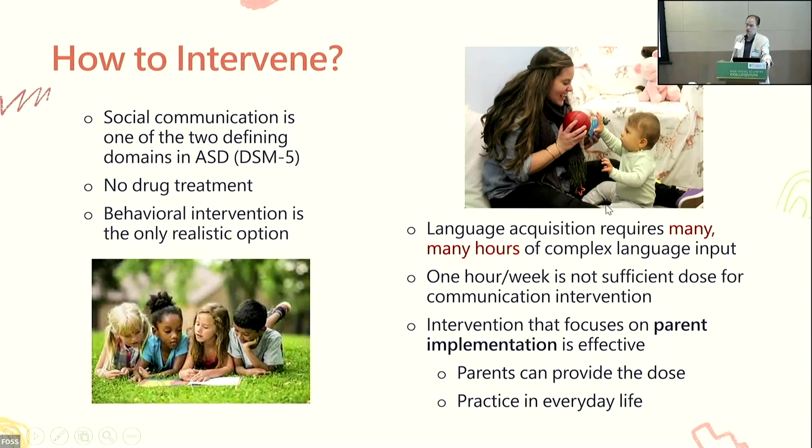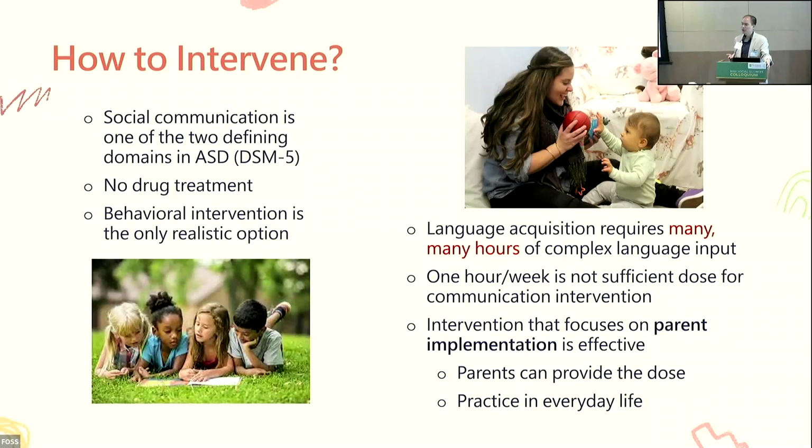from the literature, from the best evidence, the best way to intervene is through social communication with the parents. So basically, we teach the parents how to communicate with their children so that the parents can implement treatment at home. Why do we do that?